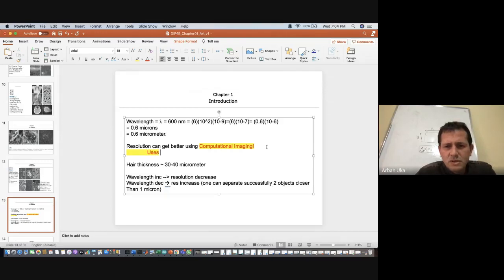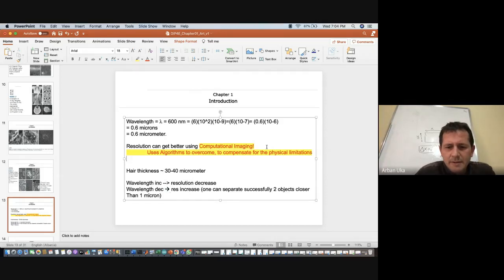So this uses algorithms to compensate for the physical limitations of an image acquisition tool. In this case, this could be a microscope.